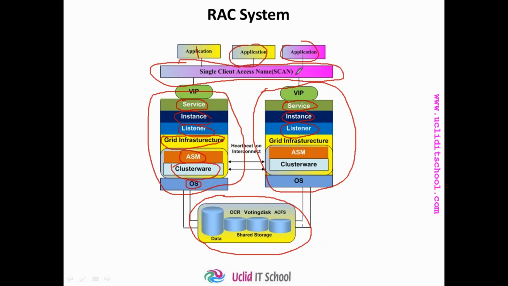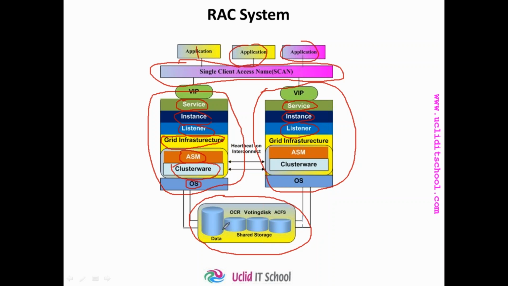Earlier the SCAN concept was not there. SCAN is basically a mechanism used by clients to connect to the RAC system. We'll be discussing all these components in greater detail in future classes, but for now, just to give you an idea what is installed and configured on the servers and the shared storage.